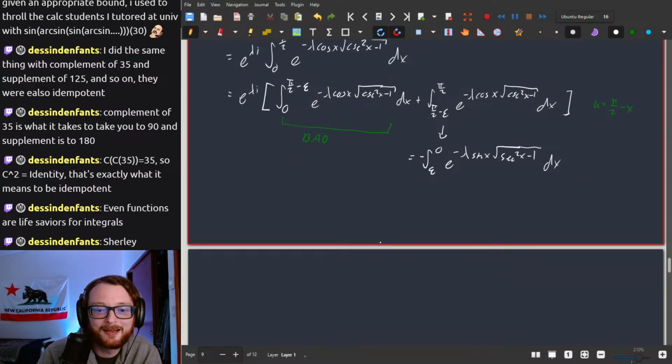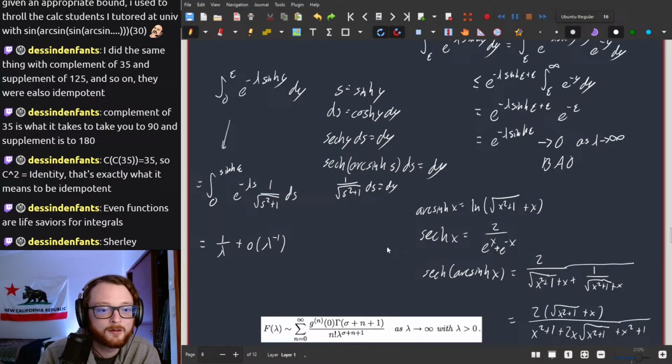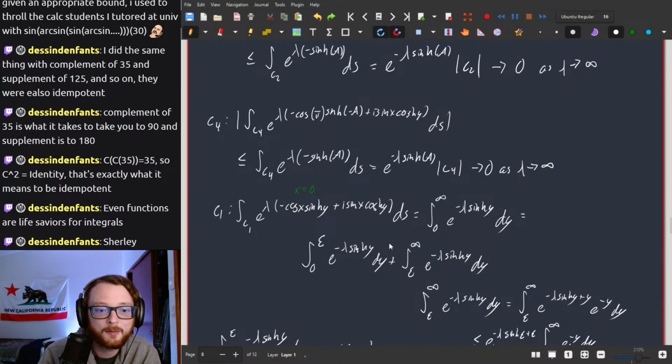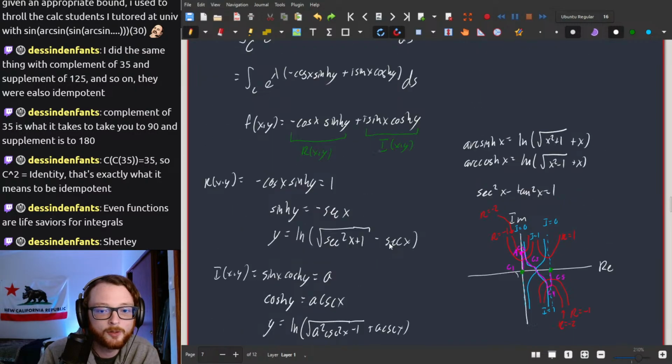If I want to Watson's lemma, how did I do it with the other one? What was the plus x minus x trick that I did, or did that not end up working?